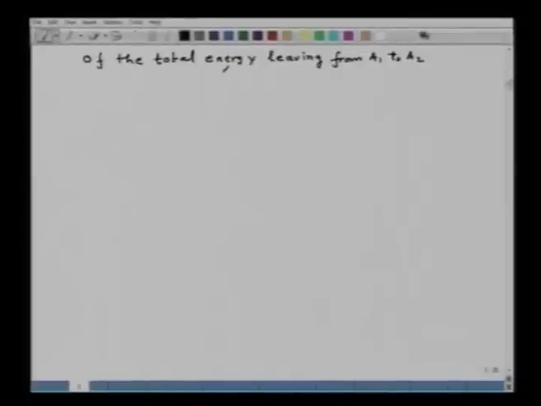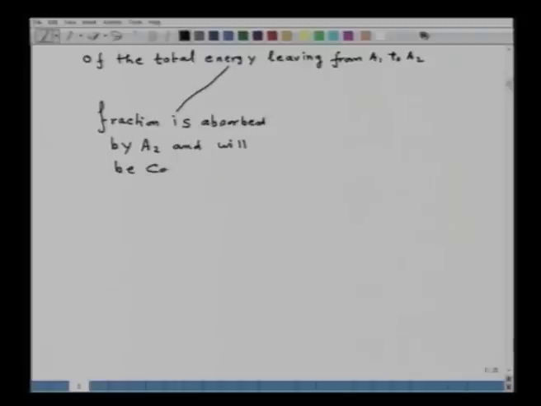Out of this total energy, some fraction is absorbed by A2, and this will be controlled by the view factor, let us say FB, where FB is the fraction of energy which is absorbed by the surface A2.